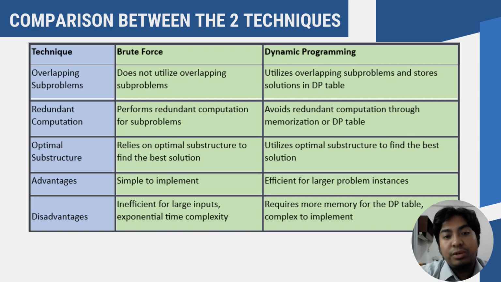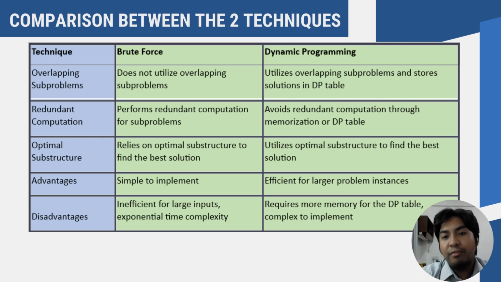Between these two, for redundant computation, brute force performs redundant computation for subproblems, while dynamic programming avoids redundant computation through memoization or the DP table. For the optimal substructure, brute force relies on optimal substructure to find the best solution, and dynamic programming utilizes optimal substructure to find the best solution.